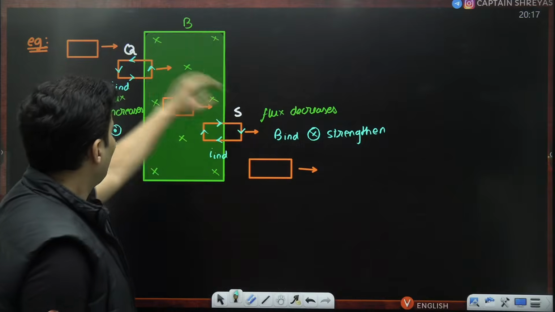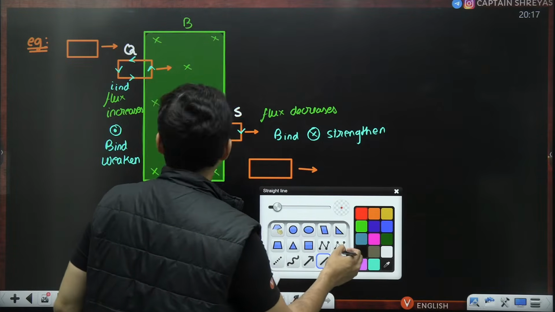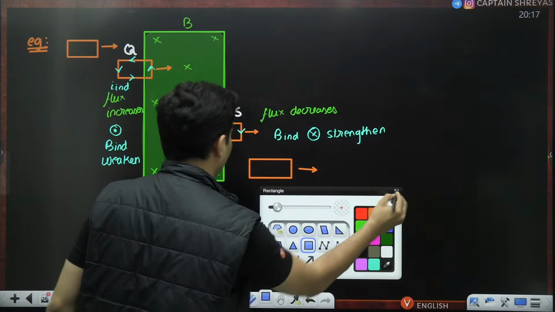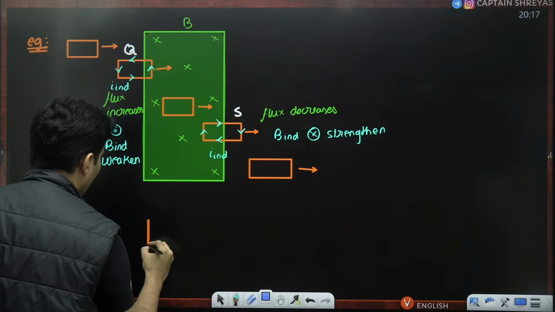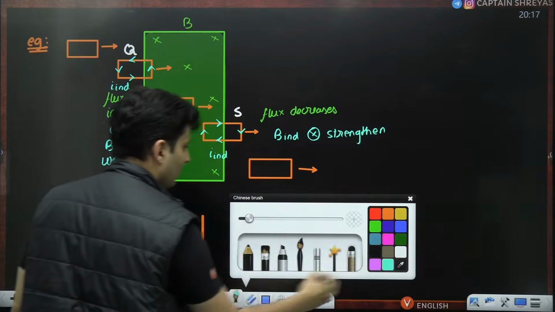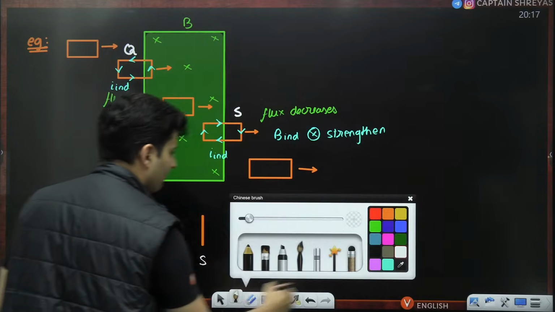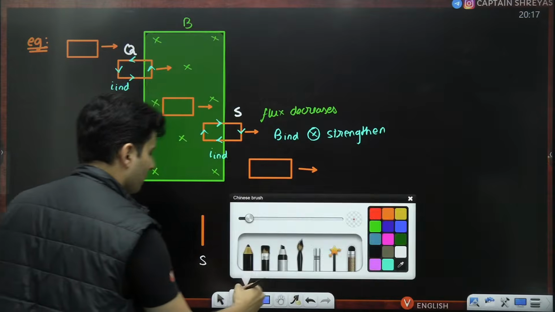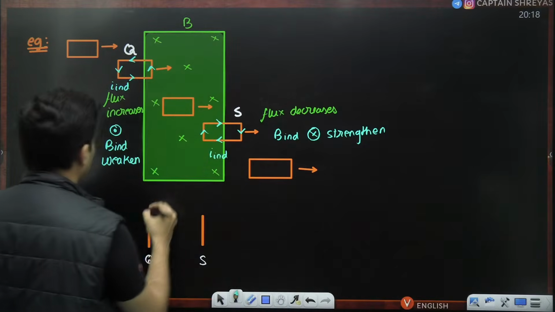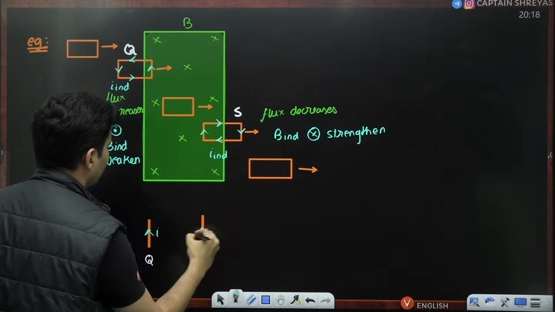Okay. So what do you think? Will there be force? Yes. Just consider in the diagram Q and in this diagram S, the currents. Current is like this. Here the current is again like this only.